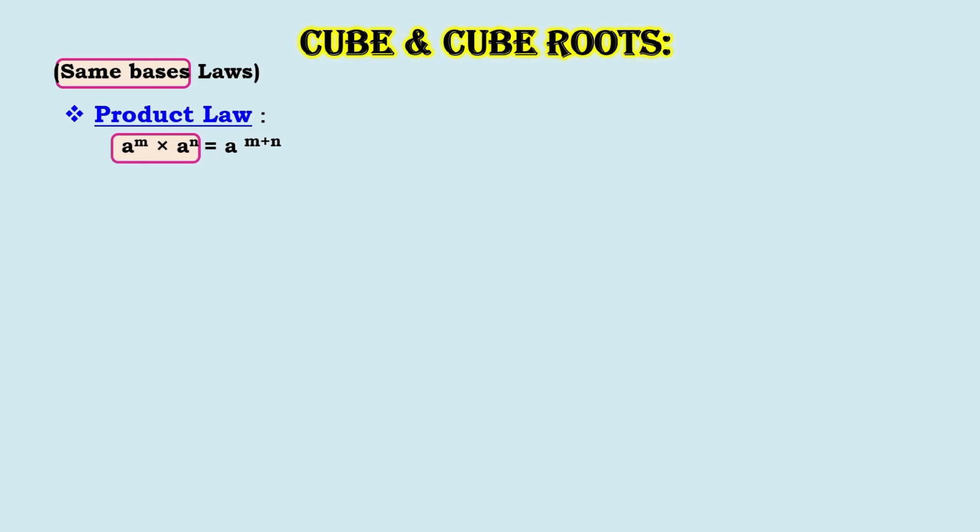Here we can see that the bases are the same, so we just add the powers. Though the topic here is given as cube and cube roots, it is based on the previous laws we have learned.